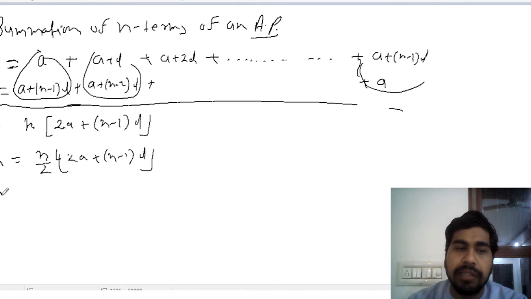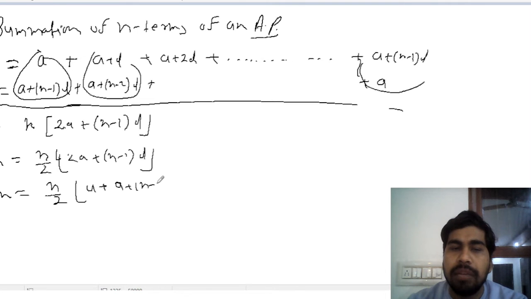We can rewrite it as Sn is equal to n by 2, 2a written as a plus a plus n minus 1 times d.